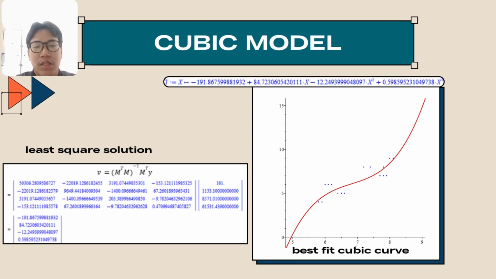Next, for the least square solution, the formula is V equals inverse of M transpose M multiplied with M transpose Y. And then we find the values.